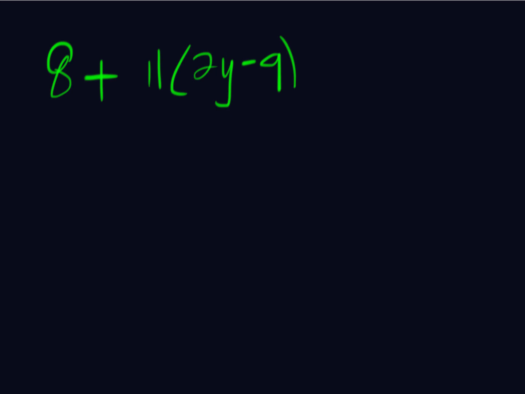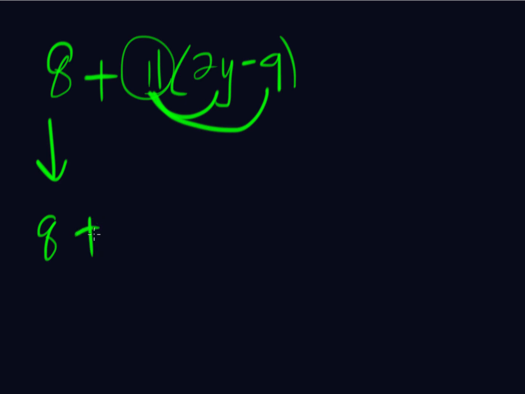So we're removing the parentheses, and in front of the parentheses we have an 8 plus 11, but look, the 11 is the only thing getting multiplied, and it gets multiplied by everything that's inside. So we bring down that 8, and we say 11 times 2y is 22y, and then 11 times negative 9 is negative 99.